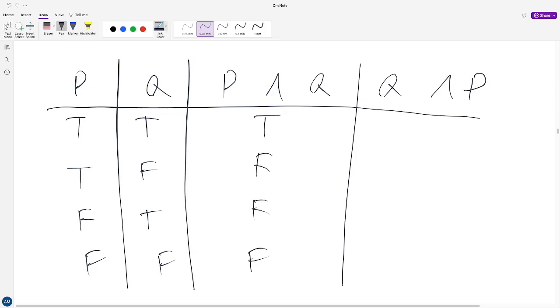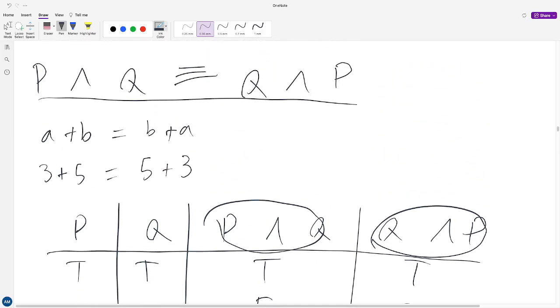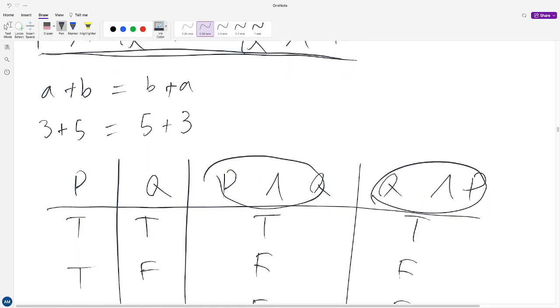Q and P is true if and only if Q is true and P is true. That's this row right here. It's false everywhere else. And if we compare the entries in the truth table for this column and this column, we can see that they're the exact same, which shows us that this logical equivalence holds.